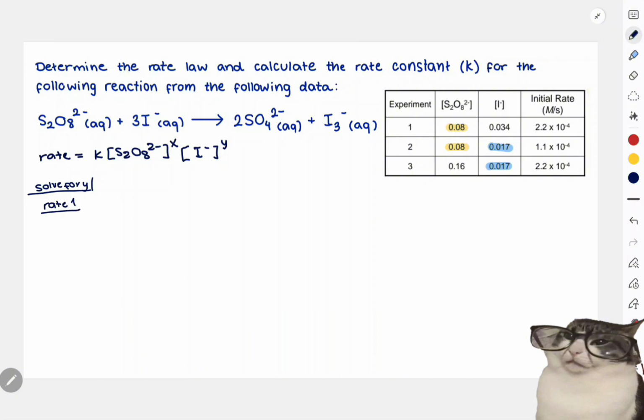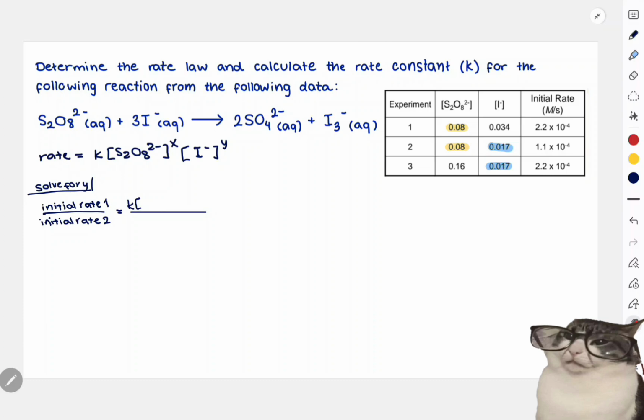Rate 1, this is the initial rate, divided by the initial rate 2. We just put the bigger number in the numerator. So that would then equal k, the rate constant.